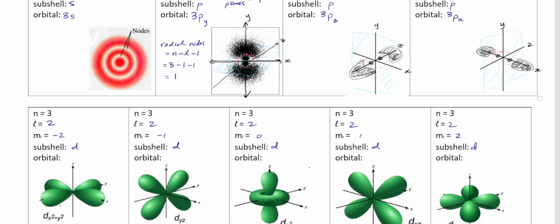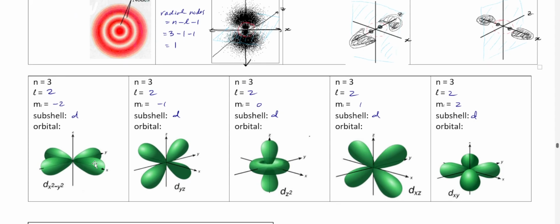And so we can see right here, when we have 3D x squared y squared, that means that the antinodes are on the x and y axis, all right? And so this orbital would be given as 3D x squared minus y squared.